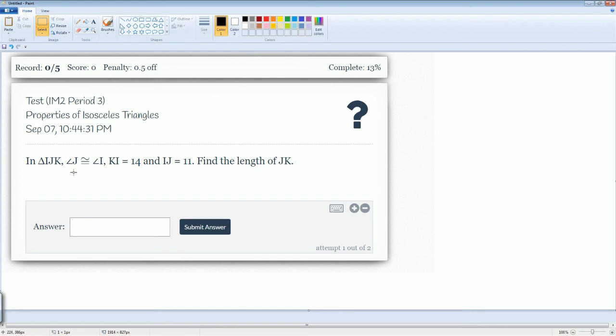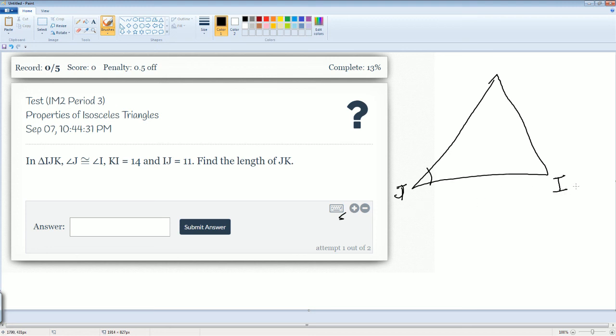It says that angle J and angle I are congruent. So let me just draw the triangle here. I'm trying to draw it the best I can. Here is angle J, and this is angle I.